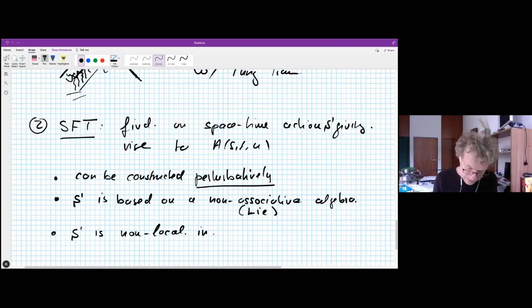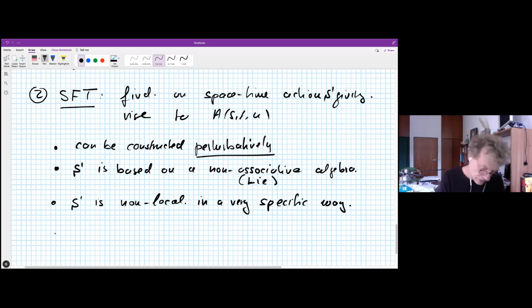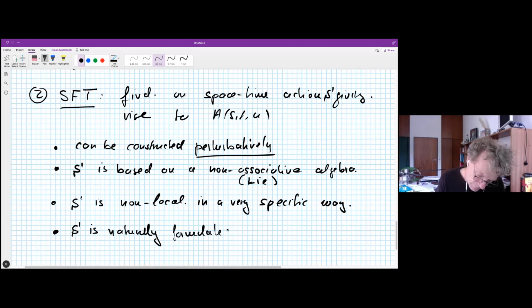Which I will hopefully describe a little bit. And the third thing, which is more of a technical observation, is that S is naturally formulated as a BV action.